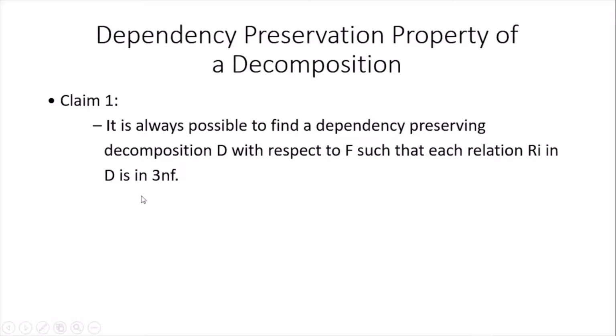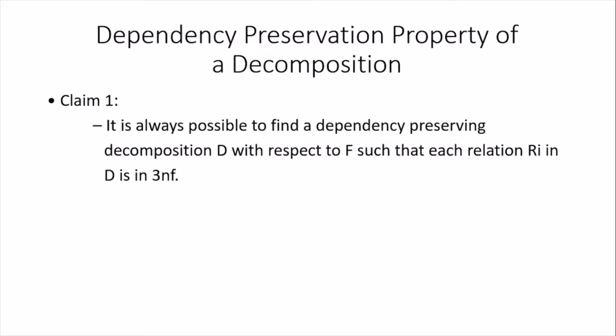So you can make sure that you will be able to decompose relation R into D, where each Ri in D will be in 3NF. You can make sure that you will get relations which are in 3NF.